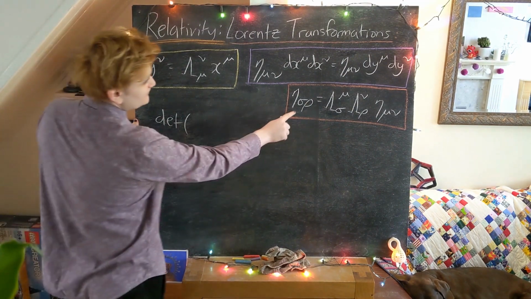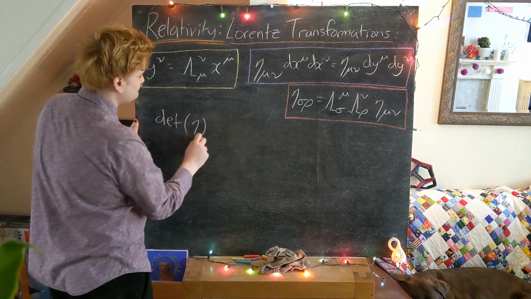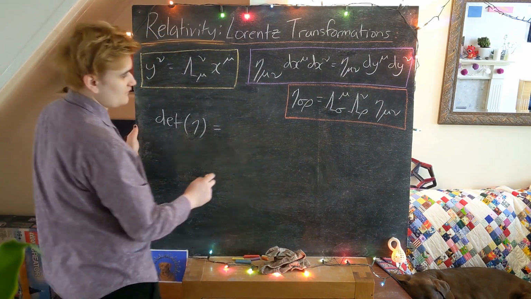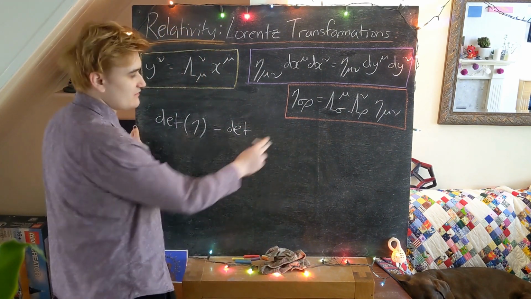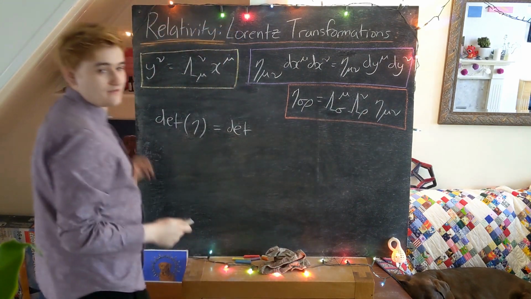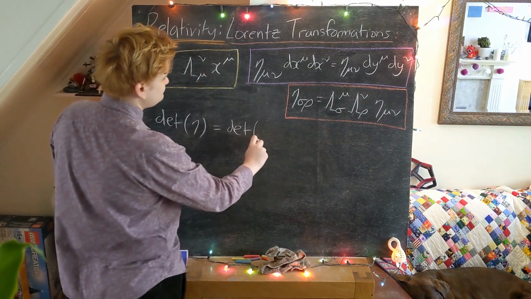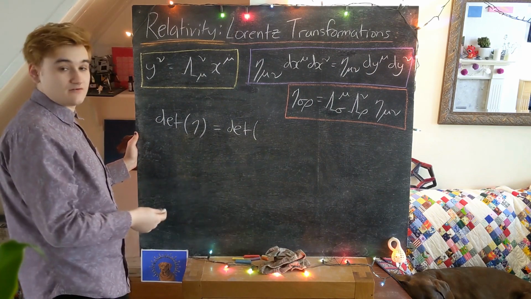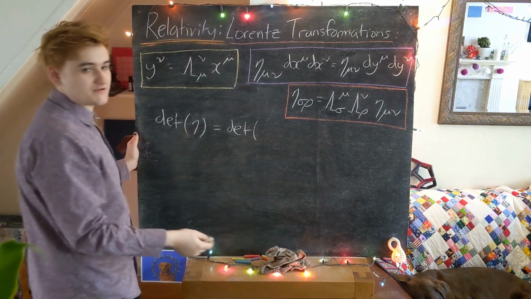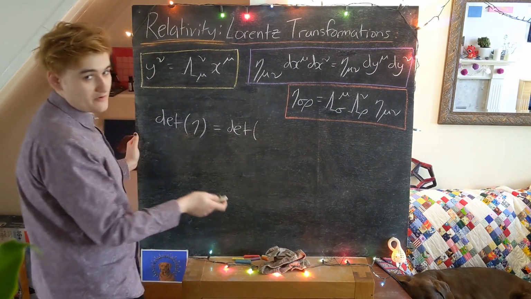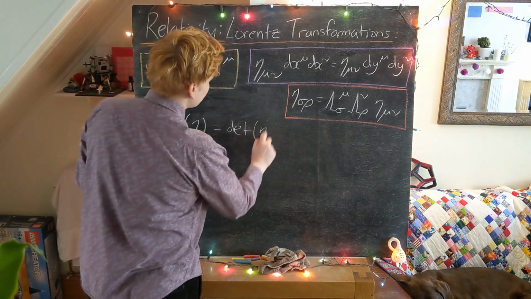So let's take the determinant of the left-hand side. We're going to have the determinant of these three matrices, and a general rule for taking determinants is that the determinant of a product of matrices is given by the product of their determinants.